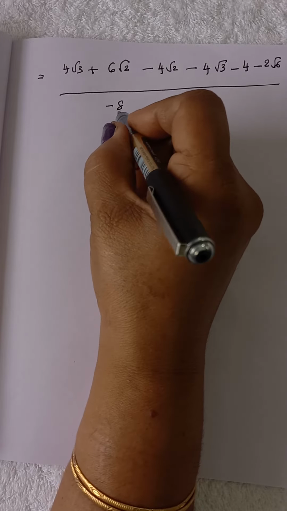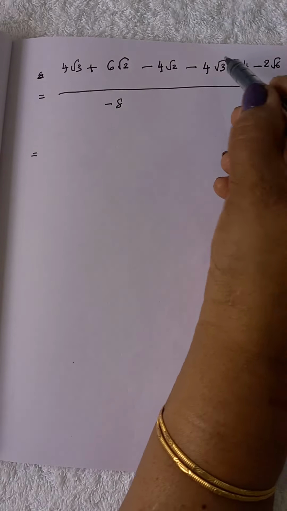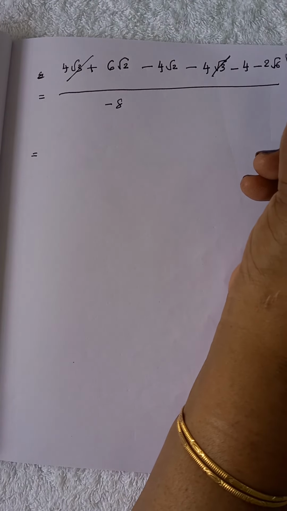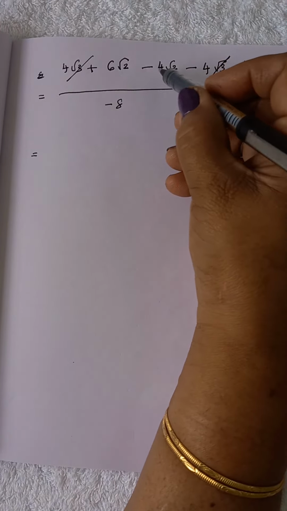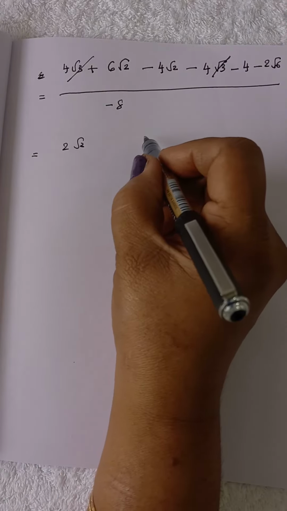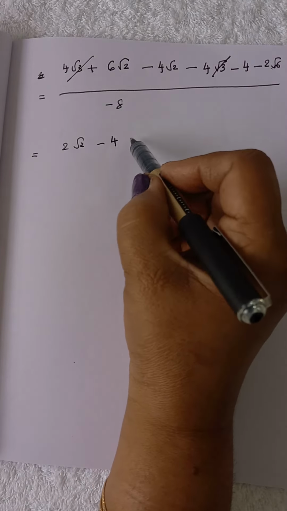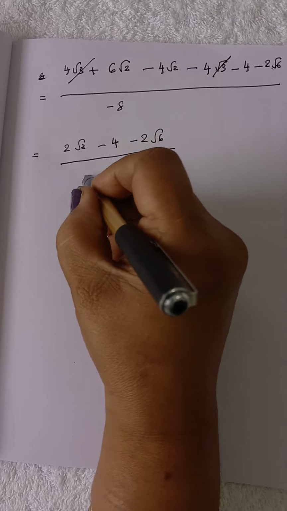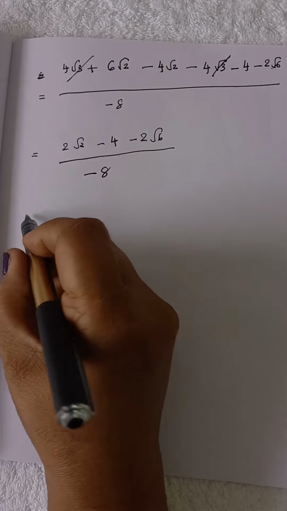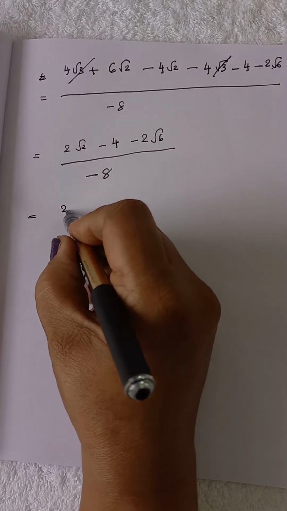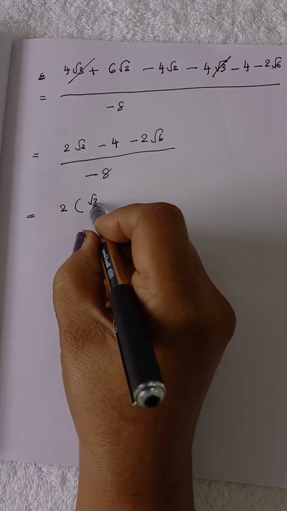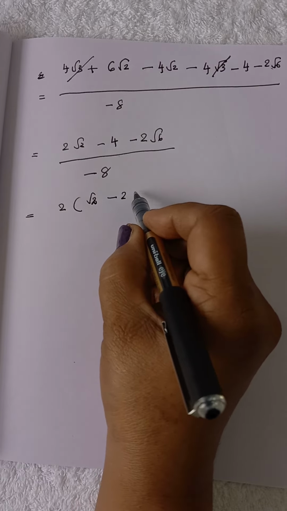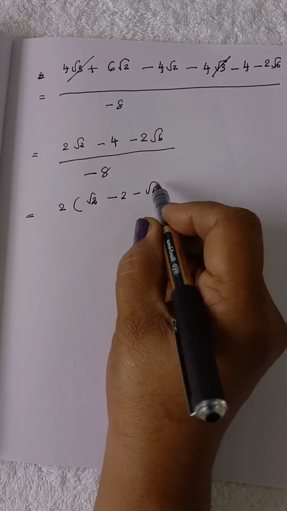That is equal to, here 4 root 3 and minus 4 root 3 we can cancel. So what is remaining there? 6 root 2 minus 4 root 2, that is 2 root 2, then minus 4, then minus 2 root 6 divided by minus 8. That is equal to, we can take this 2 outside from each of these terms. What is inside? 2 into root 2 minus 2 minus root 6 divided by minus 8.